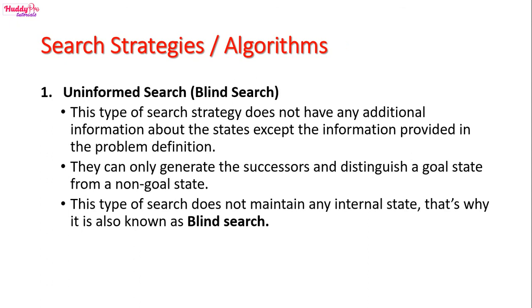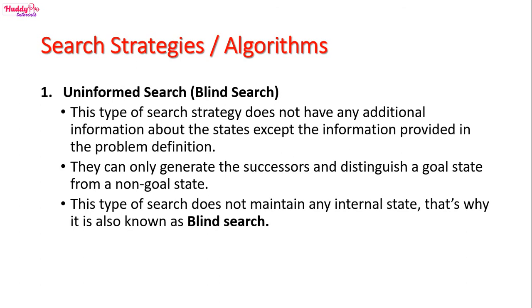By doing that, we can determine the time complexity and the space complexity of an algorithm. Now let's talk about the search strategies or the search algorithms that exist. These are basically divided into two parts. There are two types of strategies that describe a solution for a given problem. We have what we call the uninformed search, or the blind search. This is the type of search strategy that doesn't have any additional information about the states except the information provided in the problem definition.